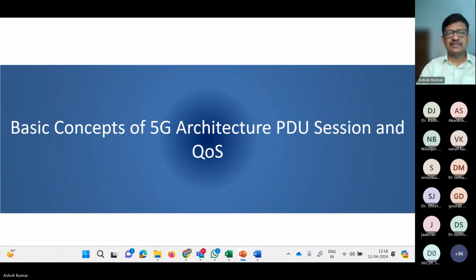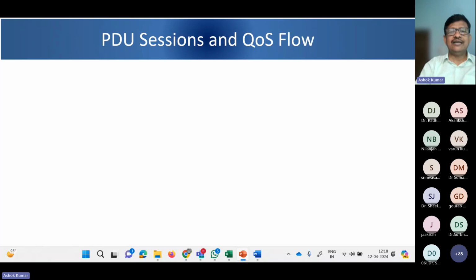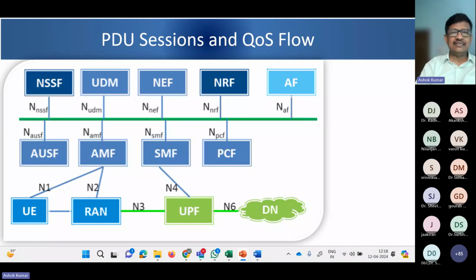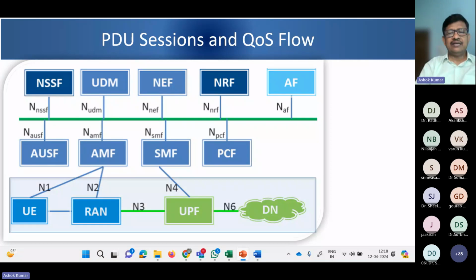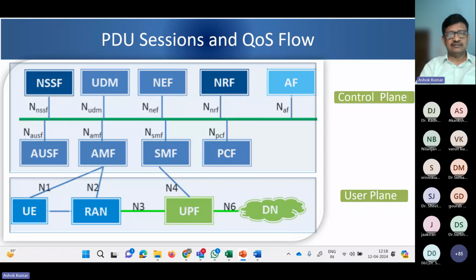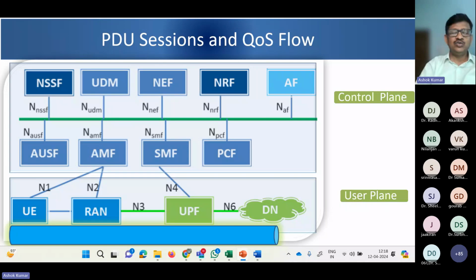Okay, so let me repeat the concept of 5G architecture, PDU session and QoS quickly for the benefit of all. As we know, in a 5G service-based architecture, we have segregated user plane and control plane completely. And in the user plane, the PDU session gets created.